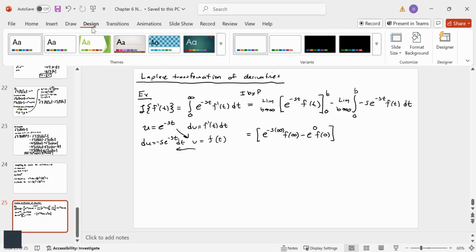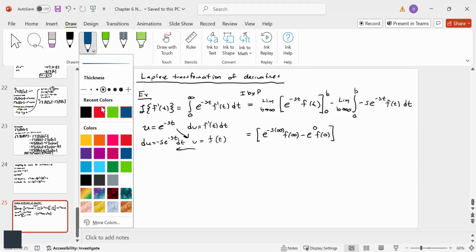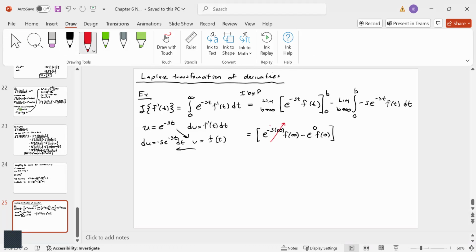And assuming that s is greater than 0, which is a fair assumption to make usually, what's going to happen is that this is going to go to 0 if s is greater than 0. Okay? And that's nice. E to the 0 right here, well, that just becomes a 1, right? We're used to e to the 0 becoming 1.